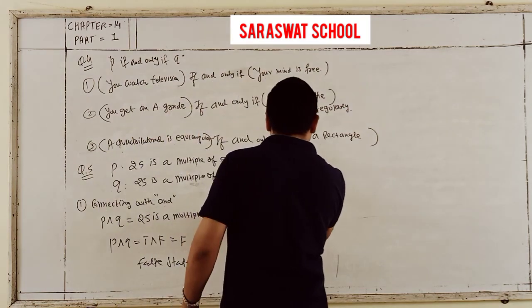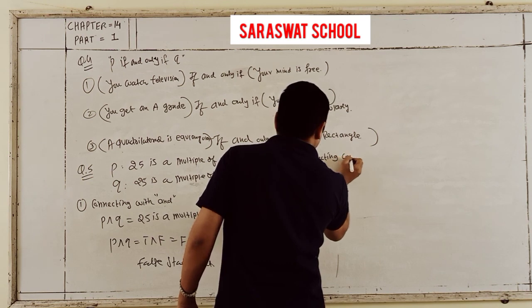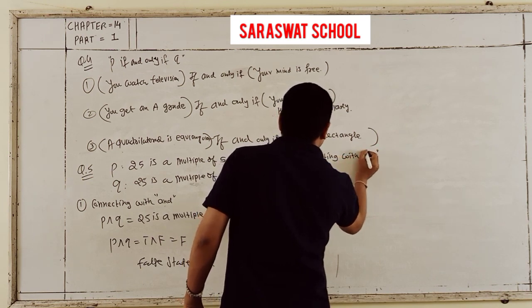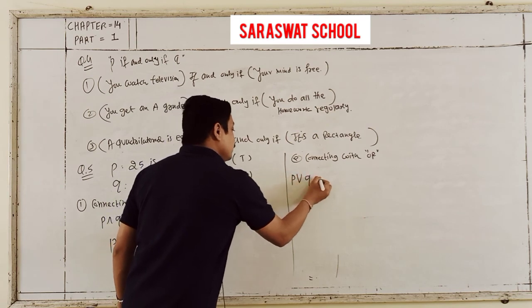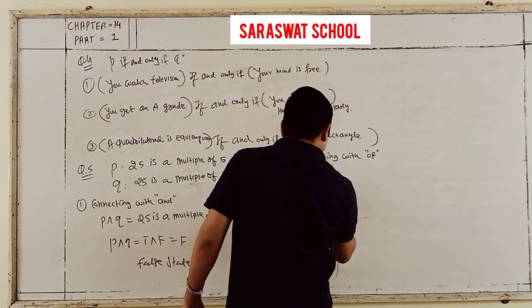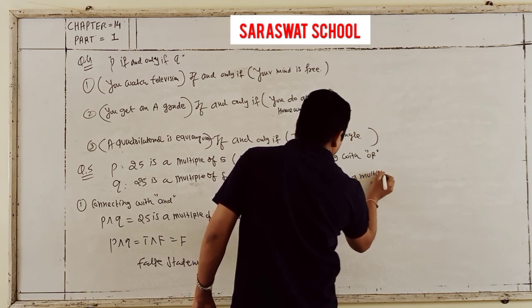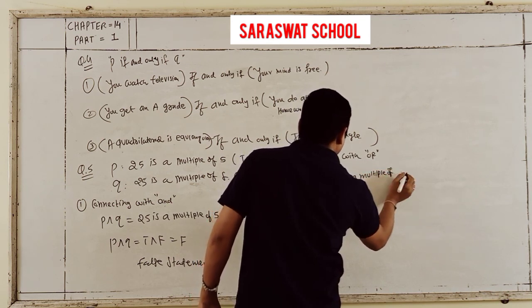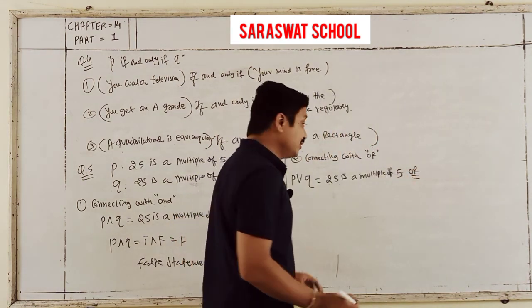Second, asking for connecting with the word or. Or-wise I explain the same, P or Q. P: 25 is a multiple of 5, or 25 is a multiple of 8.